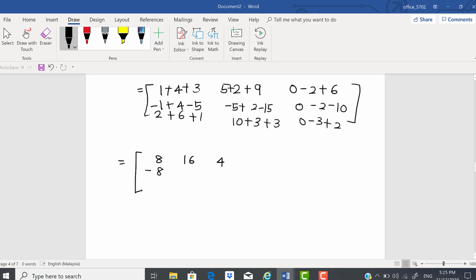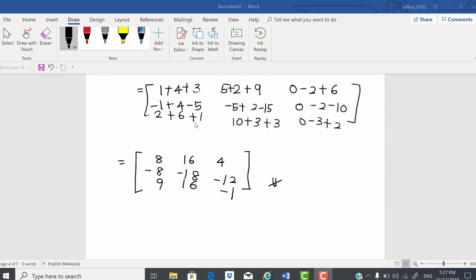Negative 5 plus 2 minus 15 gives negative 18. 0, negative 2, negative 10 is negative 12. Then we have 2 plus 6 is 8, plus 1 is 9. 10 plus 6 is 16. This one is negative 1. So this is the final answer.